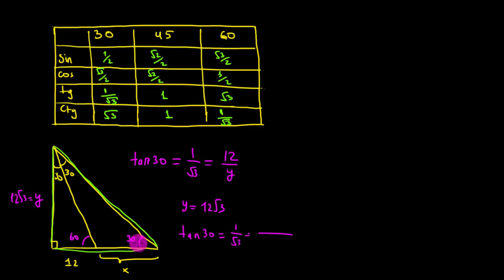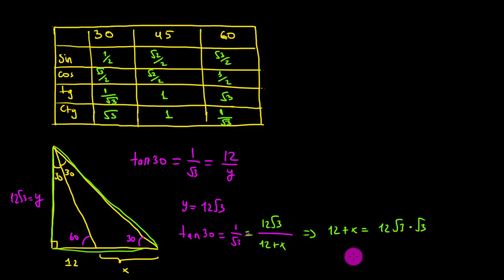So here it looks to this area. So 12 root 3 over this one, adjacent, yeah? It is 12 plus x. So you do just the proportion, it will be 12 plus x equal to 12 root 3 times root 3, yeah?